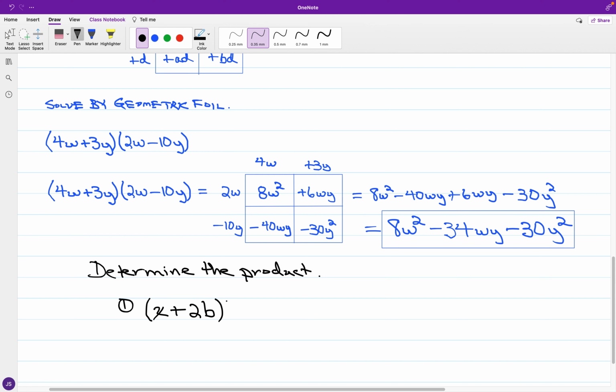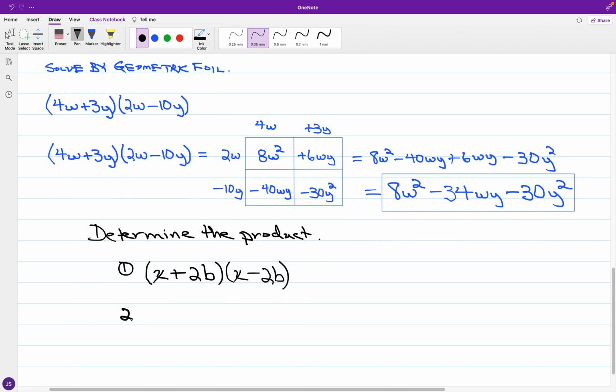So you have x plus 2b times the quantity of x minus 2b. And also, in the case of what we have with 3w plus 4y raised to the second.